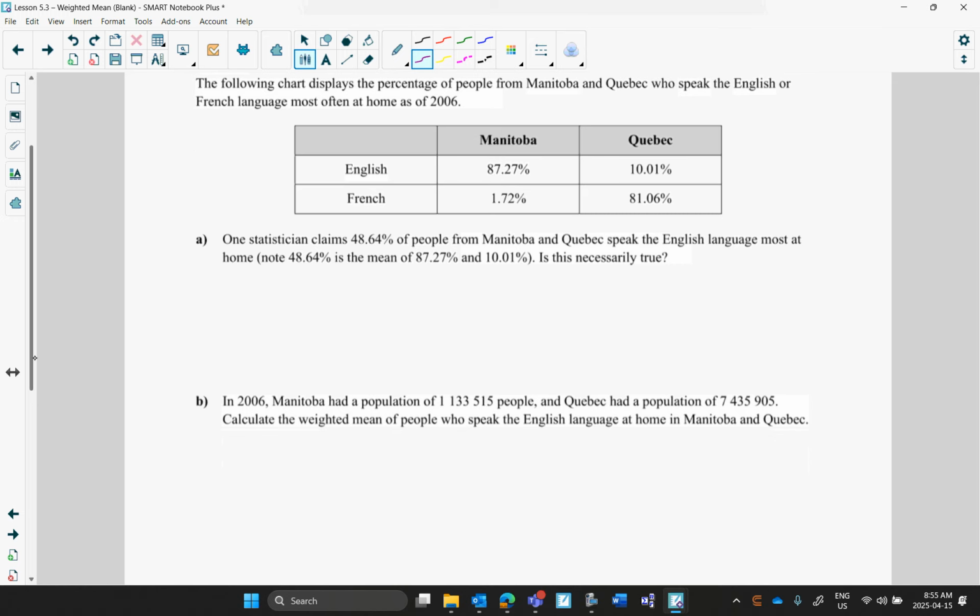If they have the same population, you could add these 2 and divide by 2. But because Quebec has a lot more people, like 7 times as many people, okay, that's going to distort this number and not make it accurate. So no, because more people live in Quebec.